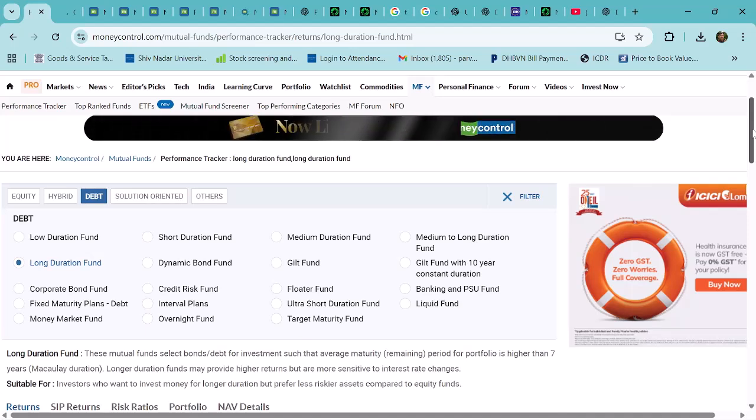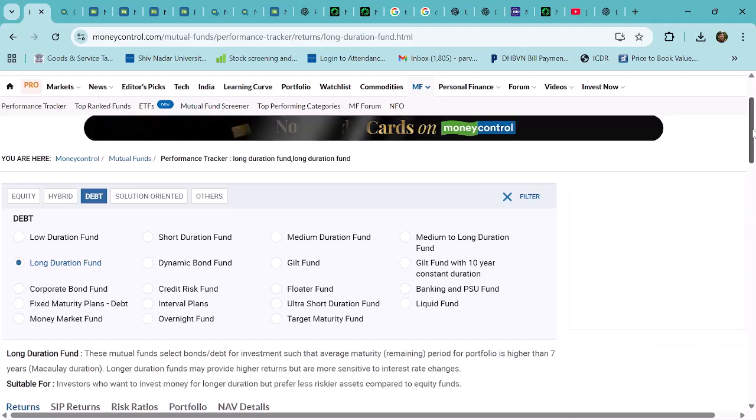Suppose the modified duration is 4, that means 1% change can lead to a 4% change in the value of the fund. Either way. So if the interest rate falls, you will get a capital appreciation of 4% along with the coupon. So suppose the coupon is 7 and modified duration is 4. So a 1% change will give you 11% return in that year.